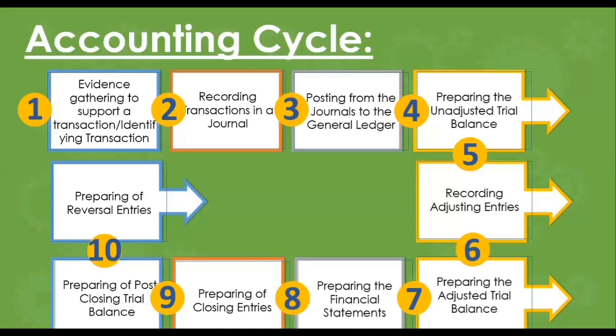And the second step in the accounting cycle is recording transactions in a journal. Now, after having identified and analyzed the transactions, the next step is to record these entries in the company's journal in chronological order.